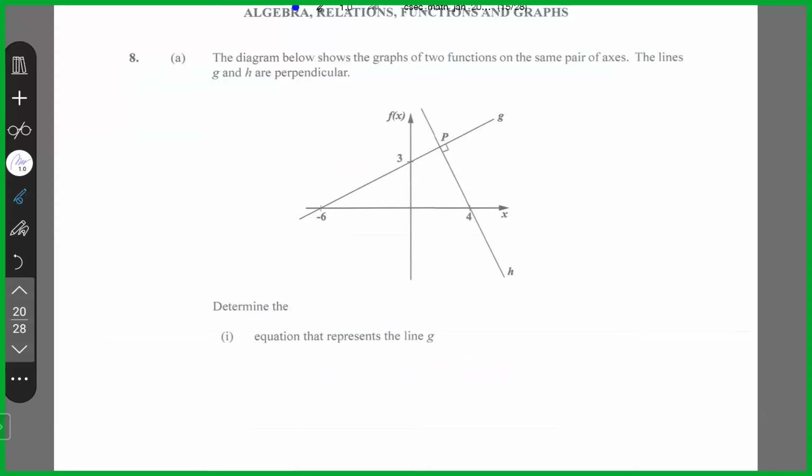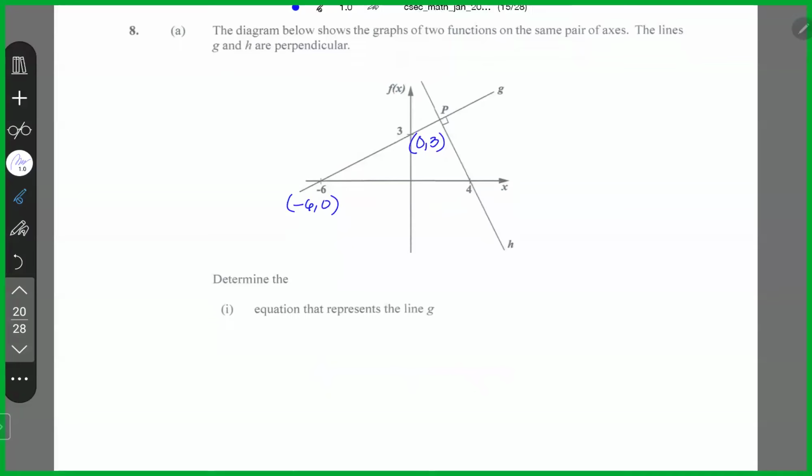Here's what we know. This point here is (-6, 0), the x-intercept. This point here is (0, 3), the y-intercept. The equation of a straight line is defined by the gradient and the y-intercept.